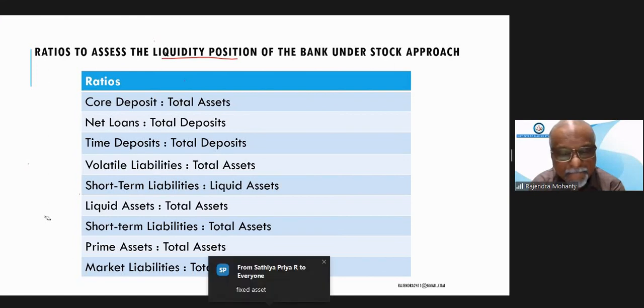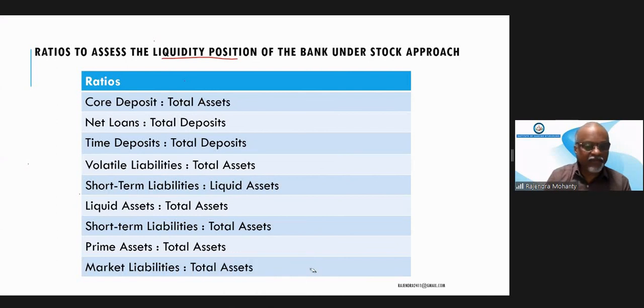What do you mean by prime asset? Those earning a higher rate of interest. Prime asset you have forgotten; in accountancy it might have been told. Prime asset is the cash balance you are maintaining. That is the prime asset.